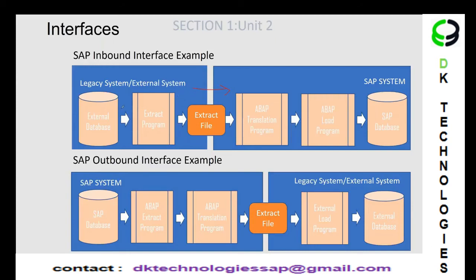So in inbound, you're having the data in an external system and you're moving that data to your SAP system. In an outbound interface, you're actually extracting the data from your SAP system and making it available for the external system. That is your outbound interface.